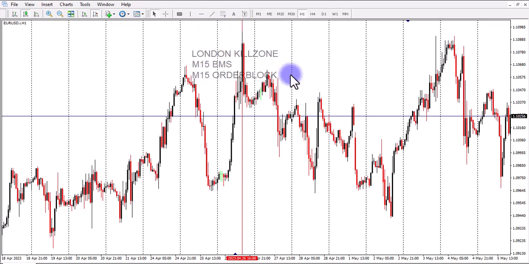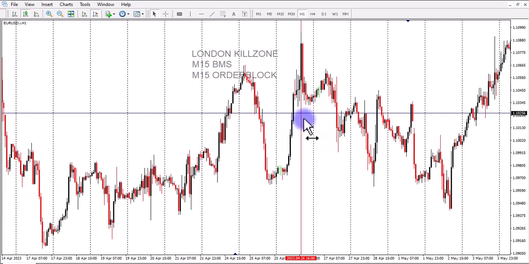So what you're going to be doing here is looking at your higher time frame, from this region denoted by this red vertical line, to see what we can do with this information that can help us transition to the lower time frame.